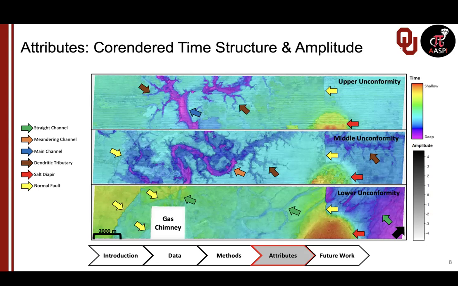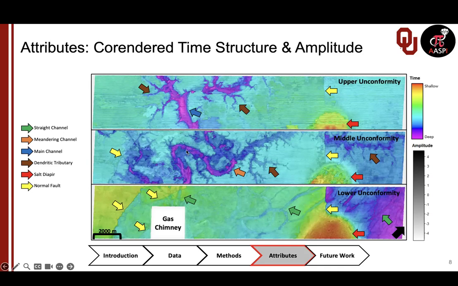Here we can see that all of these unconformities, my lower, middle, and upper, are very different from one another. Here at the bottom, in our lower unconformity, we have these straight to almost anastomosing channels in some areas, such as in here where my mouse is. And of course, structure is more complex down there. It's deeper, so we have more faults.